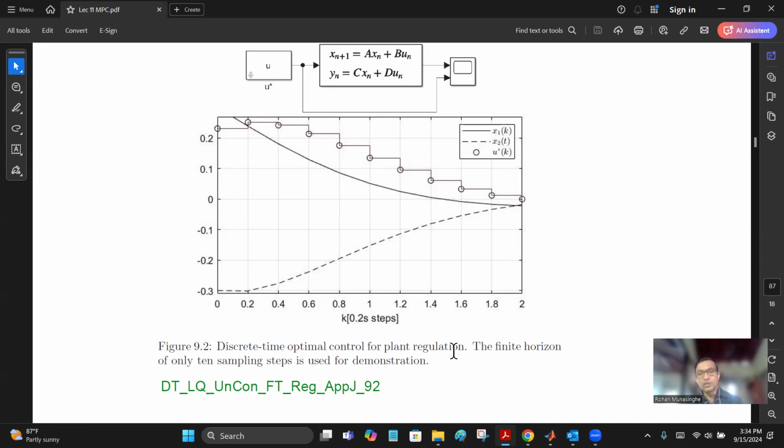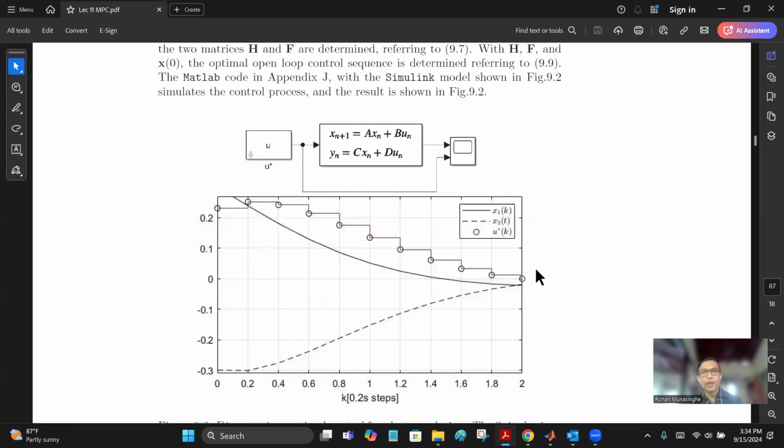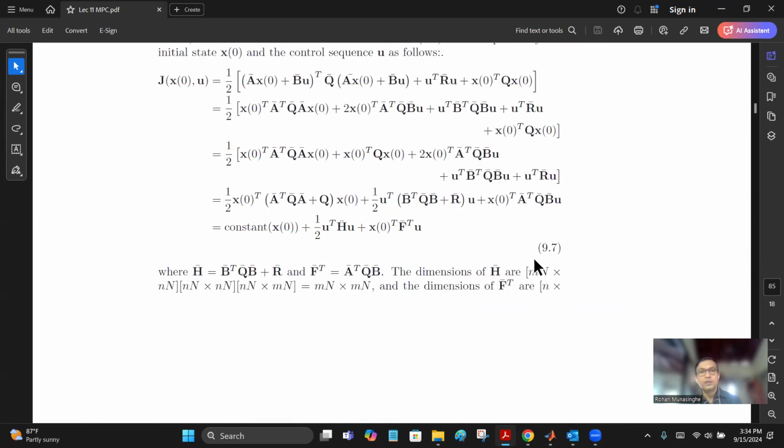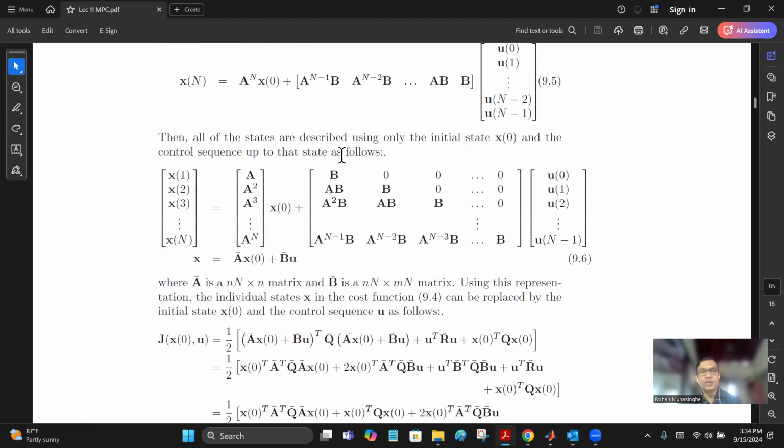Okay. But if you extend this time from 2 to 3 or 4 or 5, then what will happen is that this matrix becomes that big. So you need to generate this matrix. This is A bar, this is B bar.